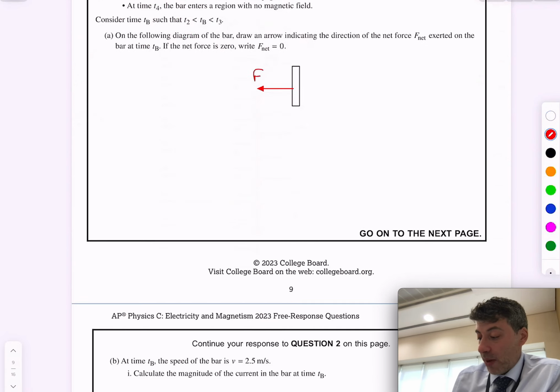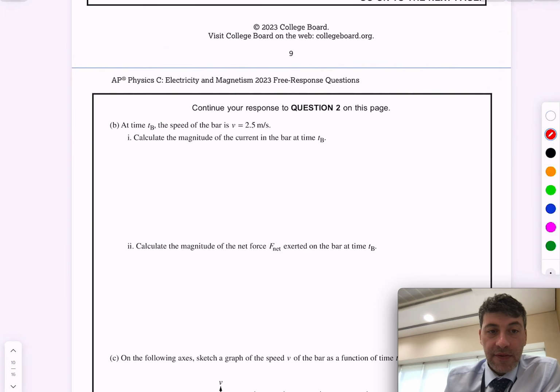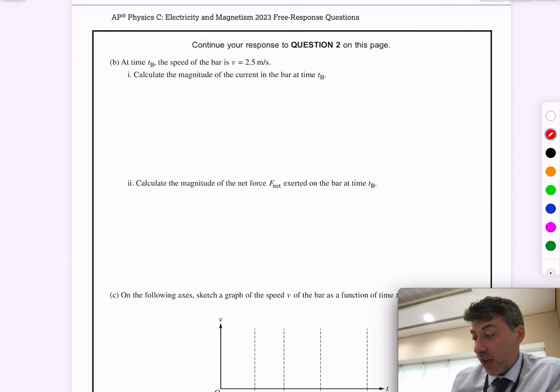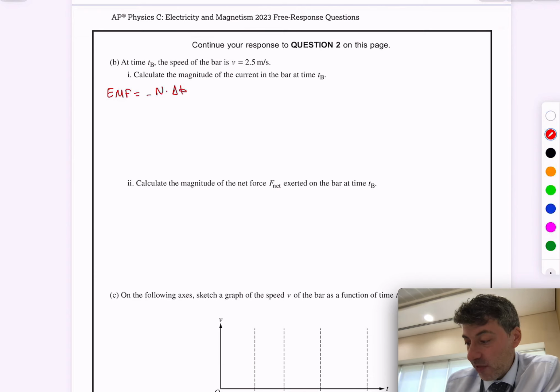We can continue to part B, and the first part of part B is to calculate the magnitude of the current in the bar. We cannot find the current directly, but we can try to apply Faraday's law, which states that the EMF is minus the number of turns of the loop, times the change of magnetic flux divided by the time.